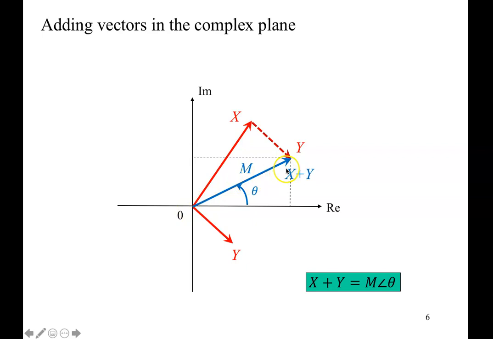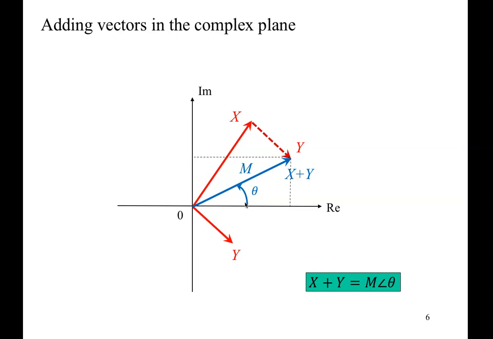Let me repeat: you draw a parallel line to Y, and you draw a parallel line to X. What's in the diagonal is your M value, the magnitude, and this angle is the phase angle of that complex number.